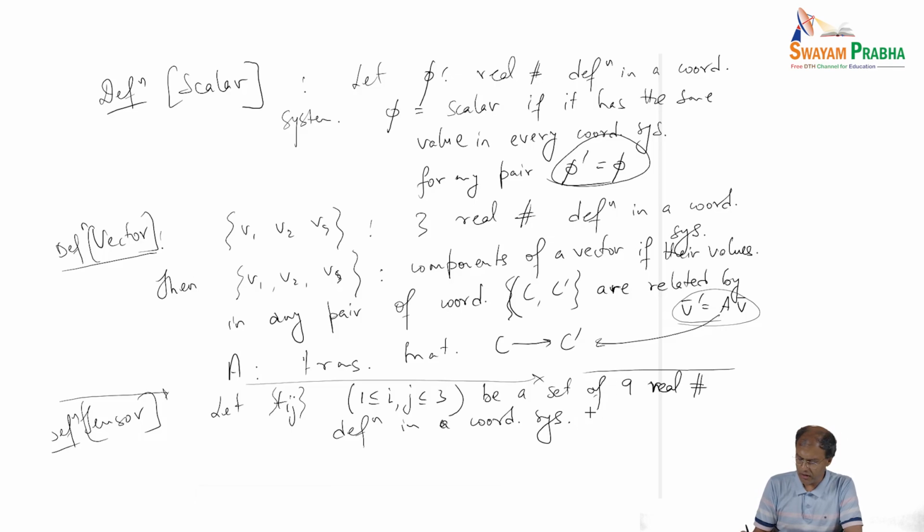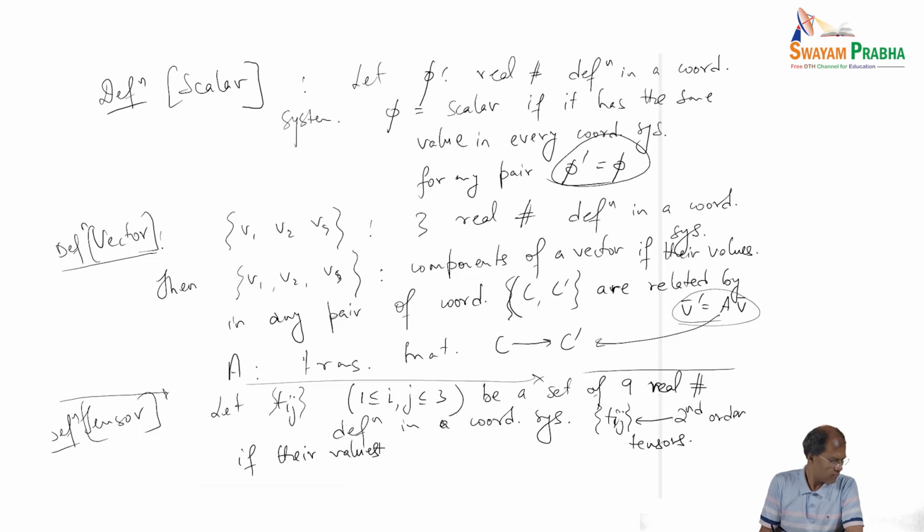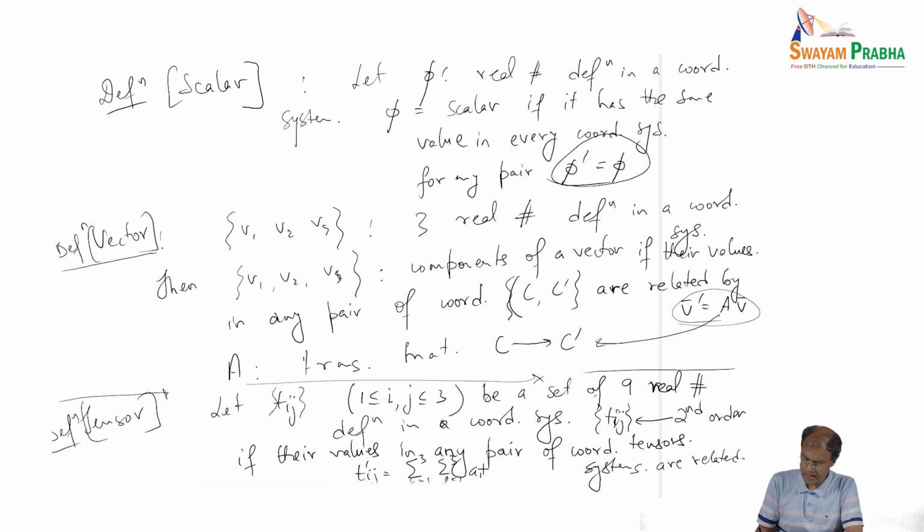So then we call these Tij a second order tensor if their values in any pair of coordinate systems are related as follows: Tij prime is summation k from 1 to 3, l from 1 to 3, Aik, Ajl, Tkl.